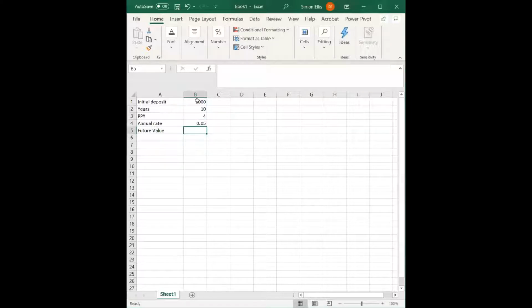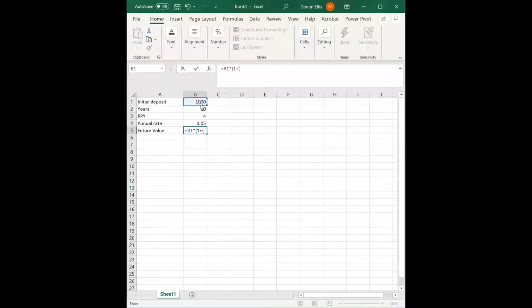Now, we want to use our interest formula, which is again in your book with this problem in 6.1.1 bank balances. The future amount equals our initial deposit times parentheses 1 plus parentheses the annual rate divided by PPY.